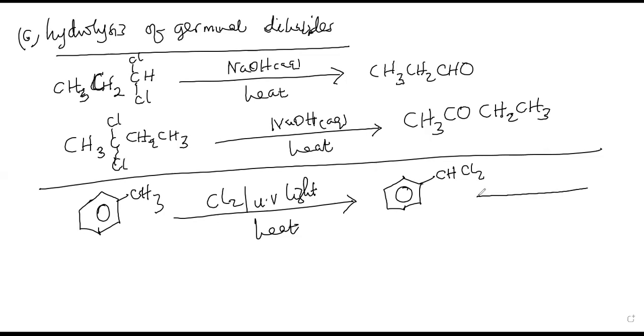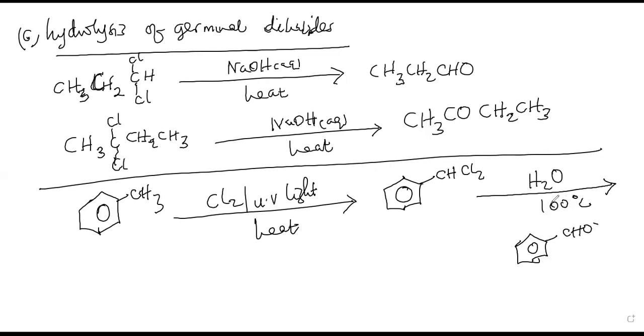Here, hydrolysis alone can be used. We shall just say water at 100 degrees Celsius, and we form our benzaldehyde. In other words, with methyl benzene, you take it to dichlorophenylmethane, then you hydrolyze with water at 100 degrees Celsius, which is the boiling point of water.